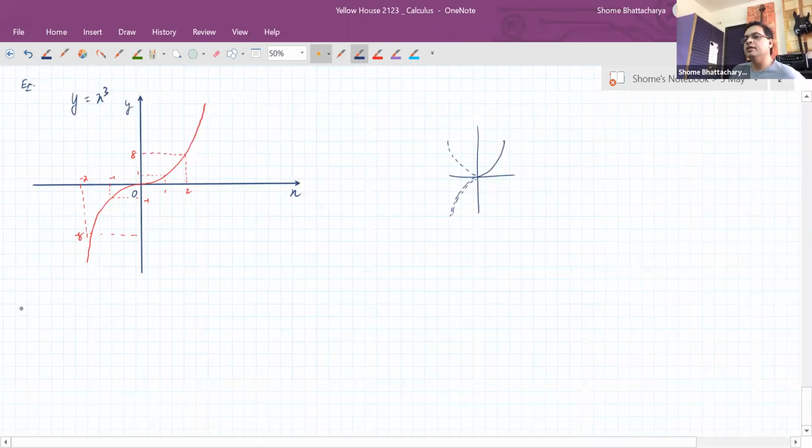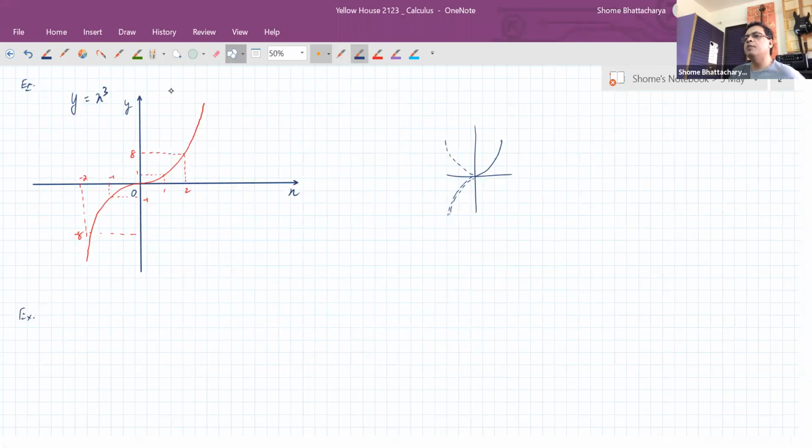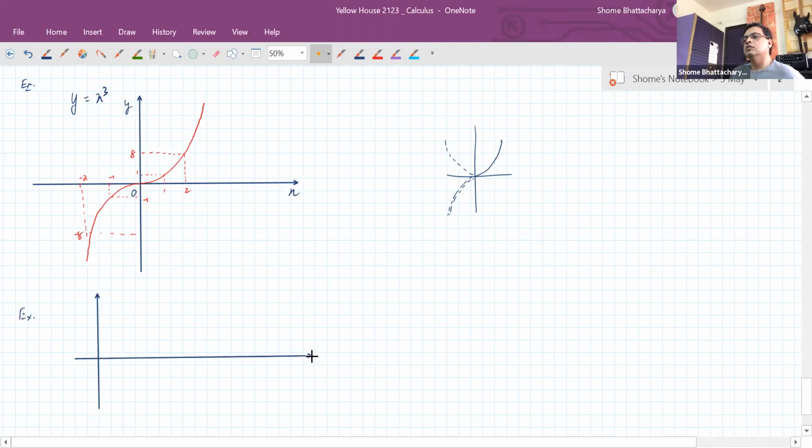Likewise, you have all the trigonometric graphs which you are learning as part of maths. So for example, if you look at the graph of y equal to sine x in one cycle of 2 pi, that looks like this. And then after 2 pi, it just repeats itself.